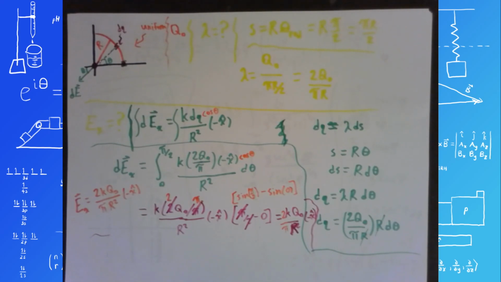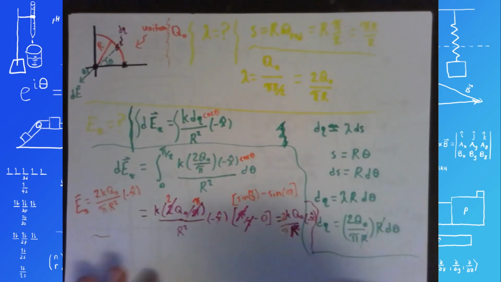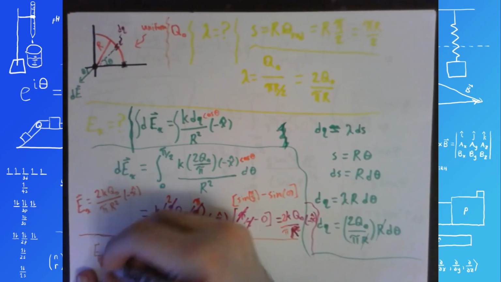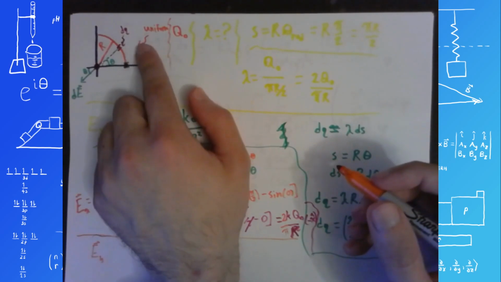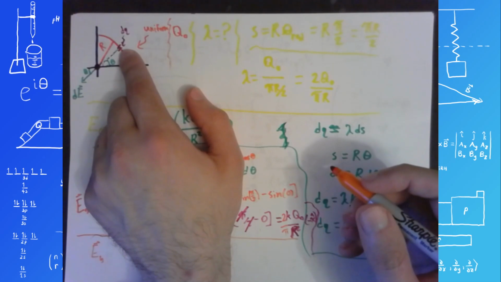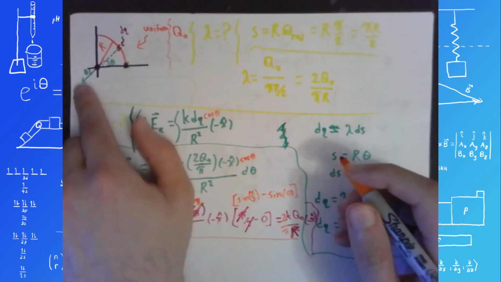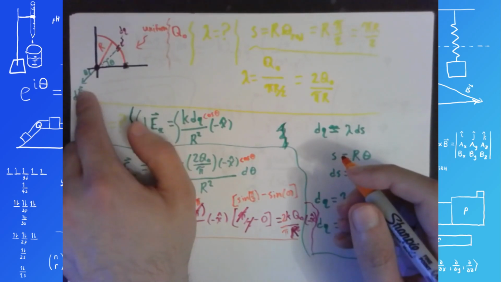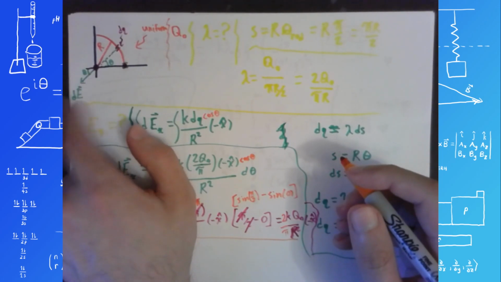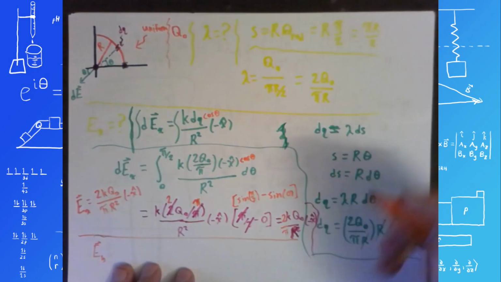All right, now for the y component. So as I was saying, if we pick a small sliver of this arc that contains a small bit of charge dq, it'll produce an electric field at the origin of magnitude dE. And for its y component, dEy would just be dE times sine of theta.